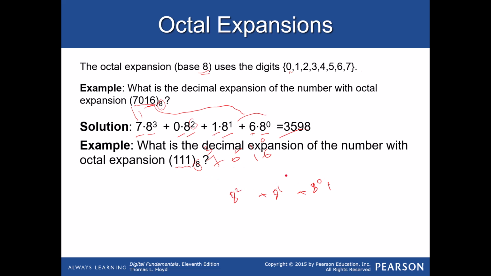We don't have to write 1 because we know 1 times 1 is 1. But just for completeness, we write 1. All right, so as you can see here, the result is 73.